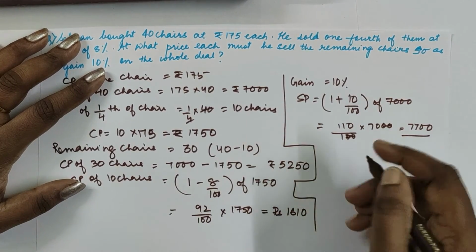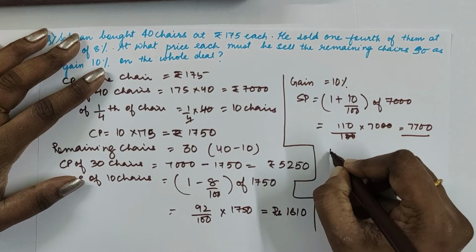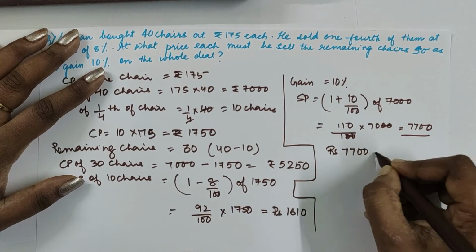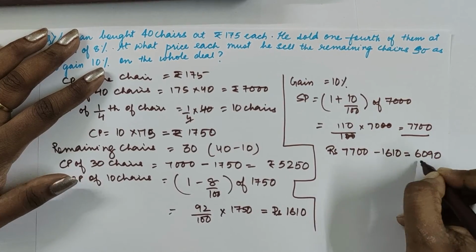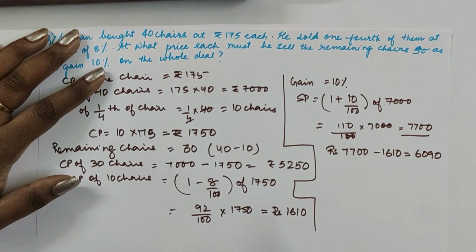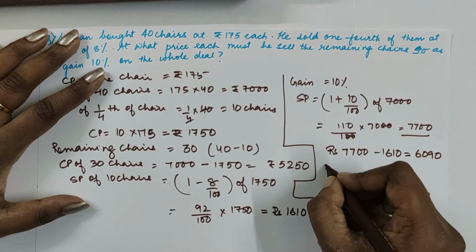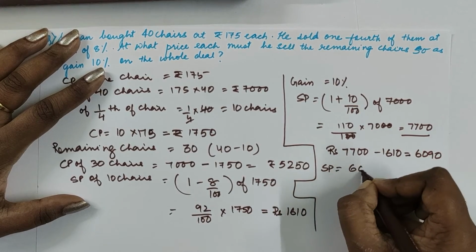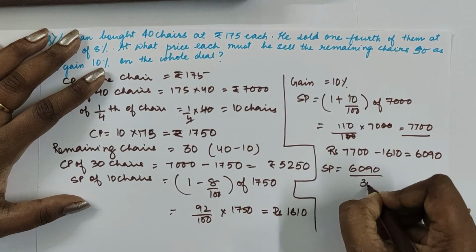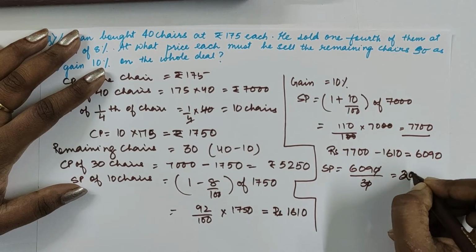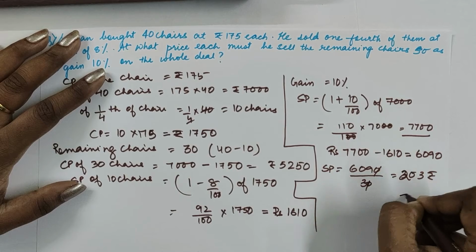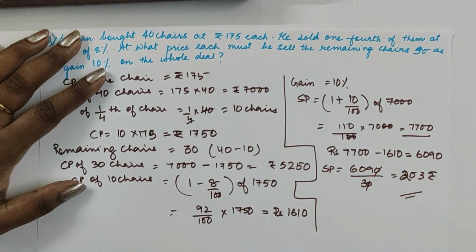Now out of that, already we can say that 1,610 rupees has been recovered. That is, the left amount is 6,090. Now I should get the remaining 30 chairs at what cost? The selling price should be this divided by 30. That is around 203 rupees.